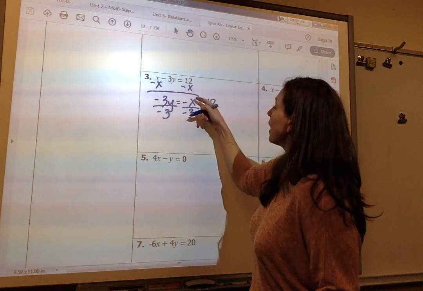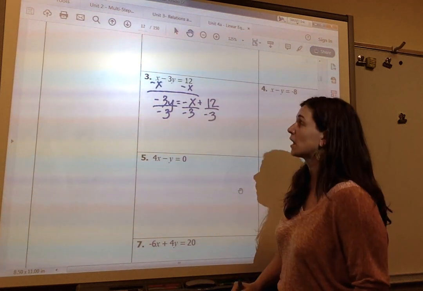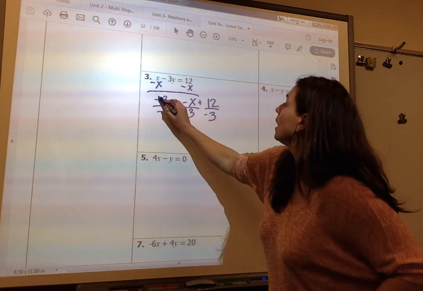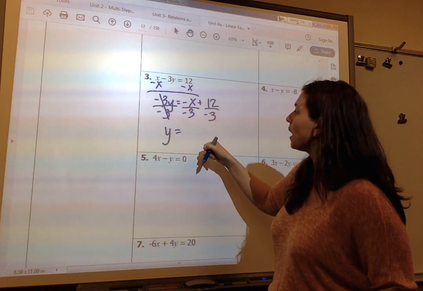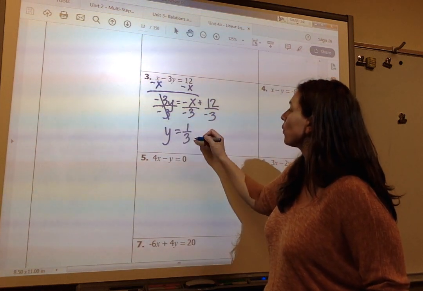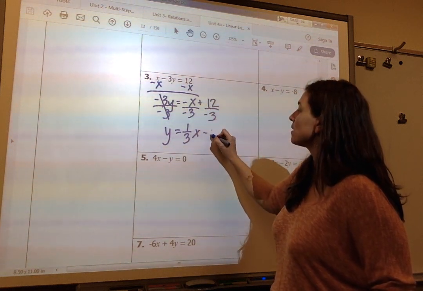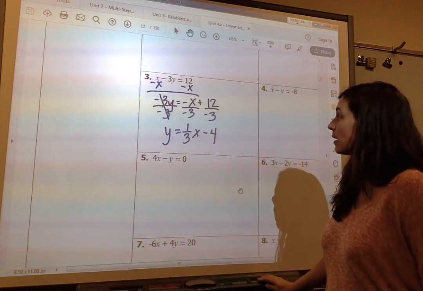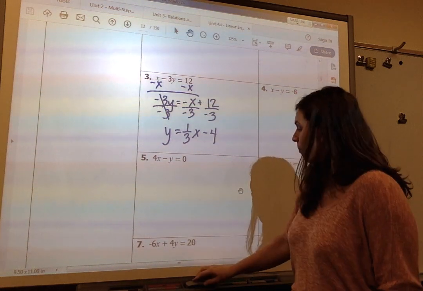I'm dividing my x term by a negative 3 and my constant term by a negative 3. So I have to divide both terms by a negative 3. And when it happens, I get y equals negative divided by negative is a positive, so it's 1/3. Notice 3 is my denominator, x. 12 divided by negative 3 is negative 4. So now that fits the form y equals 1/3 x minus 4.